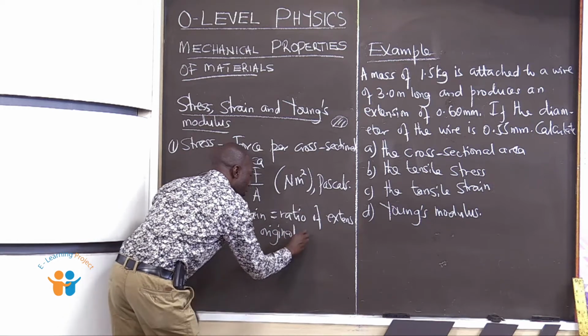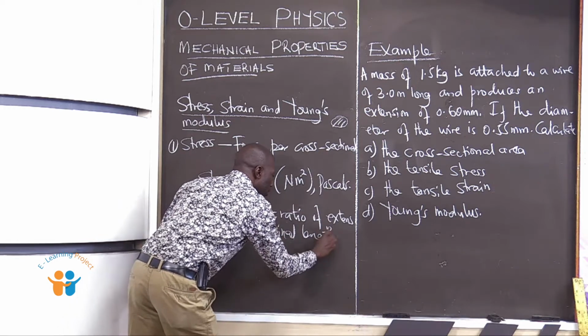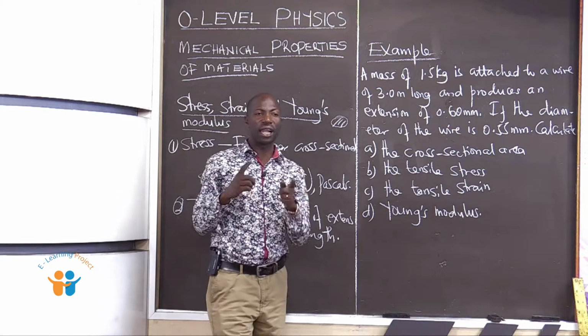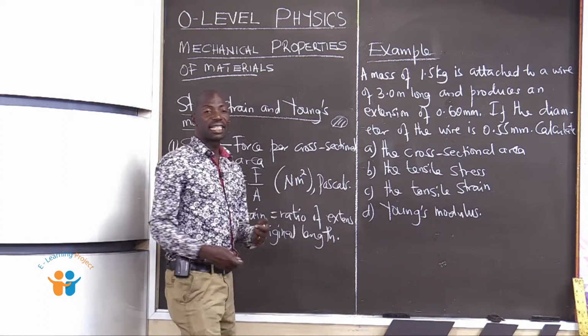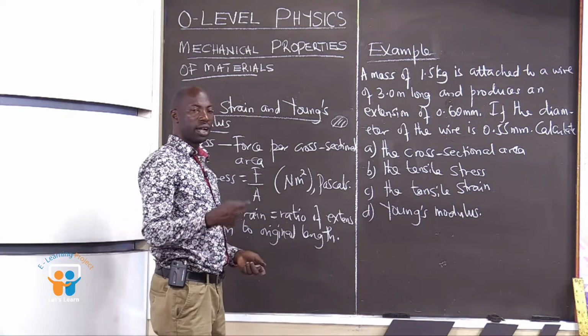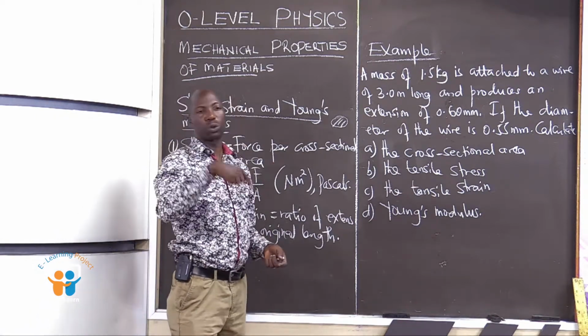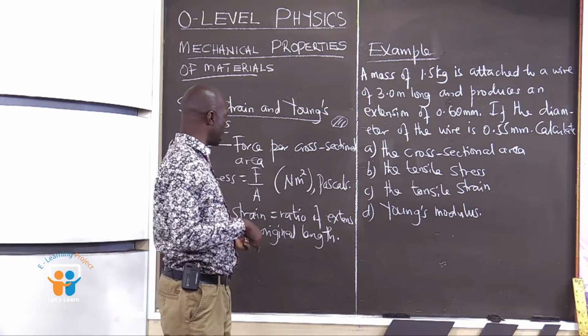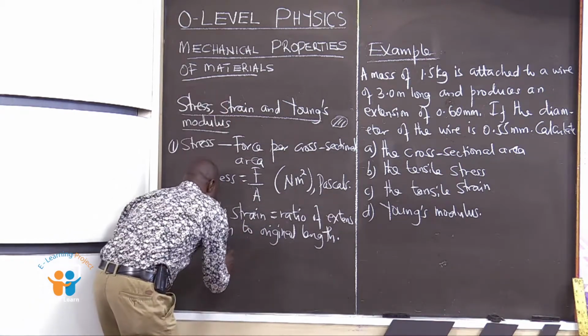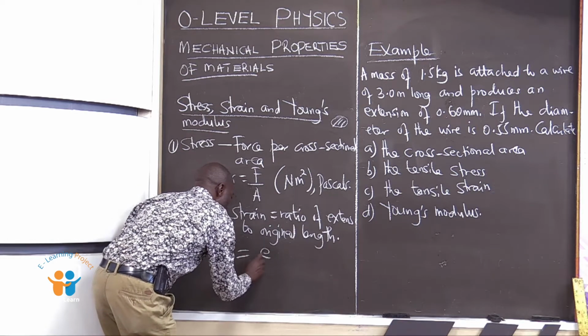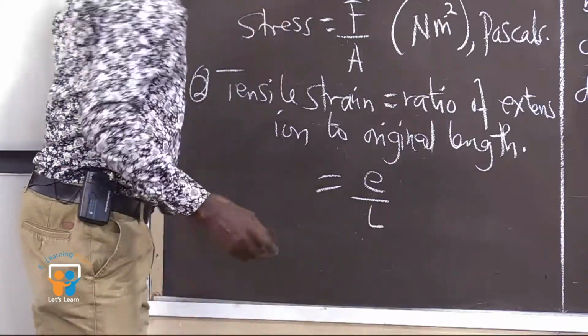Please, it must be the original length. Remember, after undergoing extension, it gains another length. The length will go from L0, for example, to L1. But whenever you are using it in calculation, you must use the original length. So strain is equal to extension over the original length.